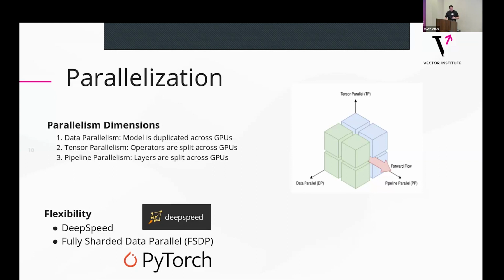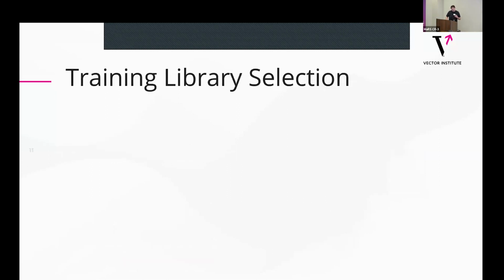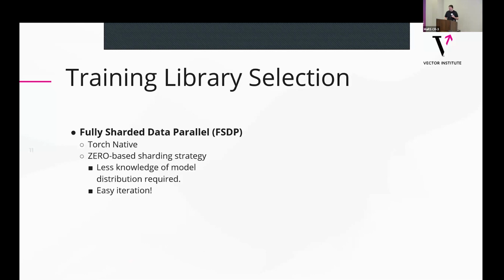But what you need to know is that there are libraries out there that will help abstract some of these things away from you, ranging from more flexible libraries like DeepSpeed or fully sharded data parallel, FSDP, to more complex but perhaps more performant libraries like Megatron LLM. In terms of the direction that we took, we decided to build on FSDP.